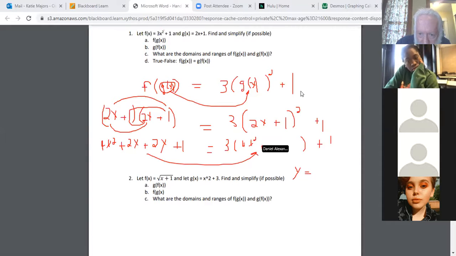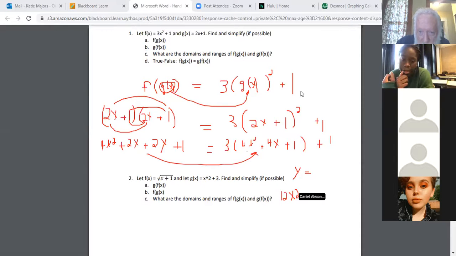Okay, let's just do it all out. You see where I'm getting everything in the parentheses? Yeah. Okay, so 3 times 4 is going to give me 12x squared. And then 3 times that 4x.